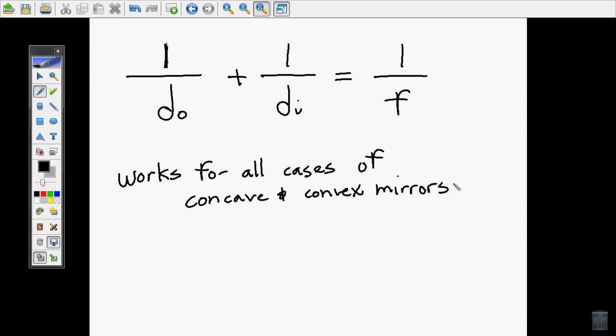But the only thing tricky about this formula is when the values are positive and when the values are negative.